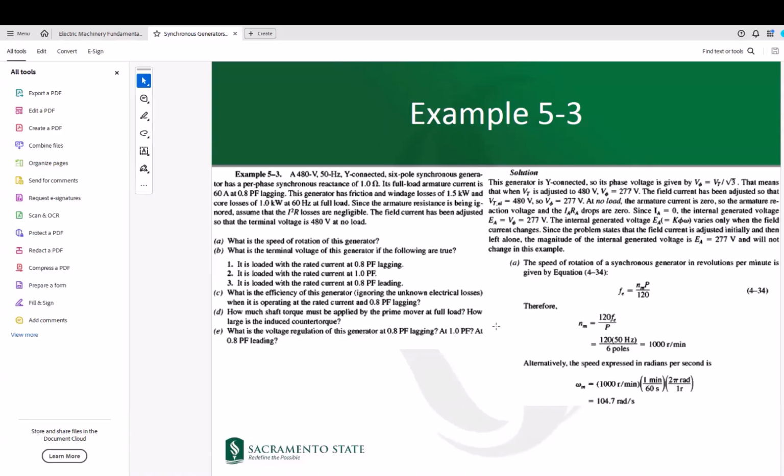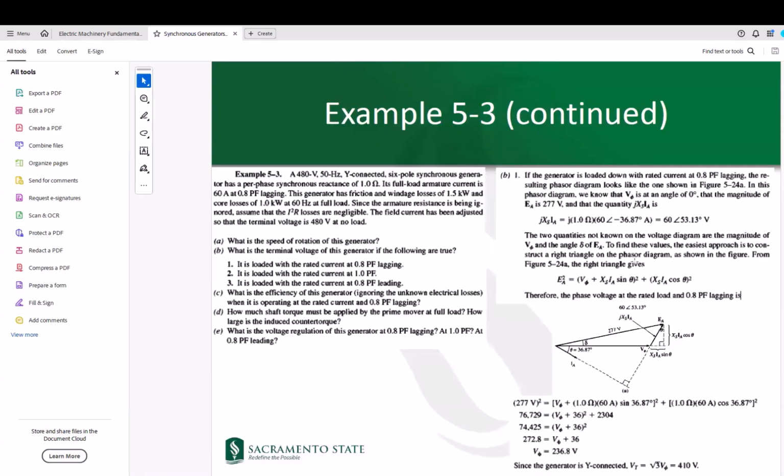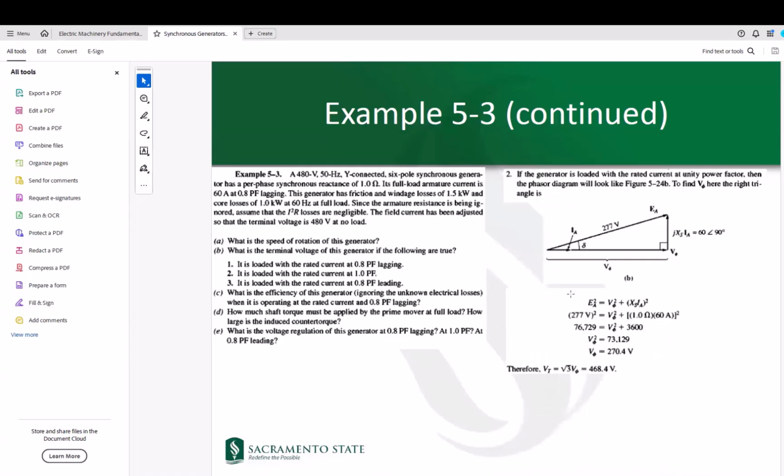This is similar to the previous problem. I'm just going to look at basically the voltage drop associated with the armature in each case, and then you can find that in part one, when there was a lagging power factor of 0.8, the terminal voltage is 410 volts. And then in part two, when we have unity power factor, the terminal voltage would be 468.4.